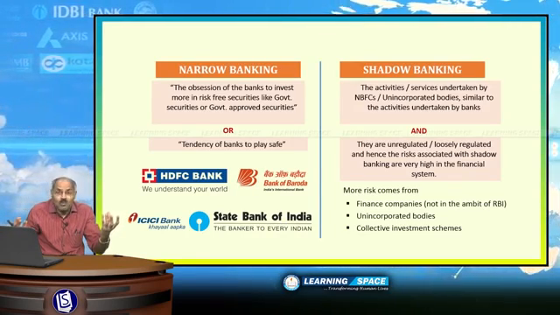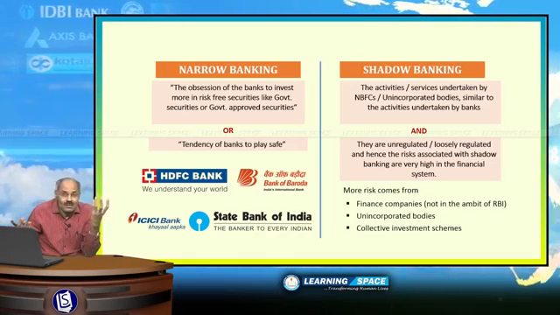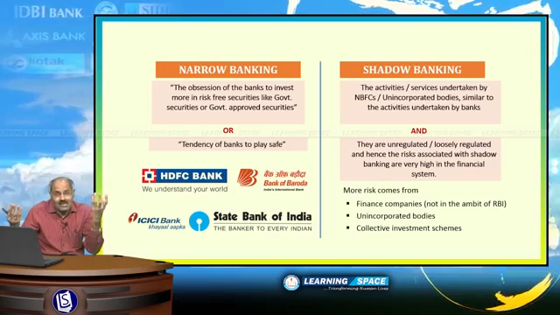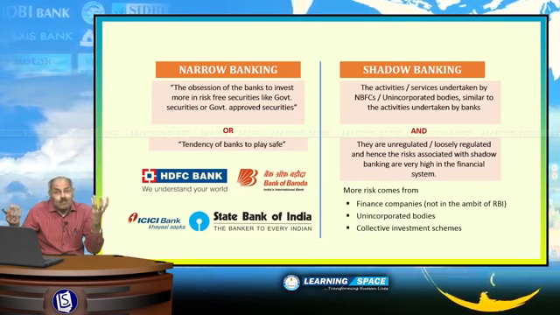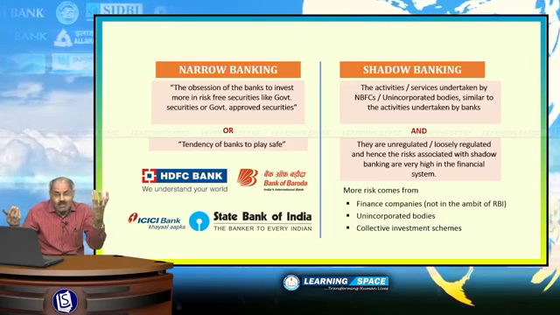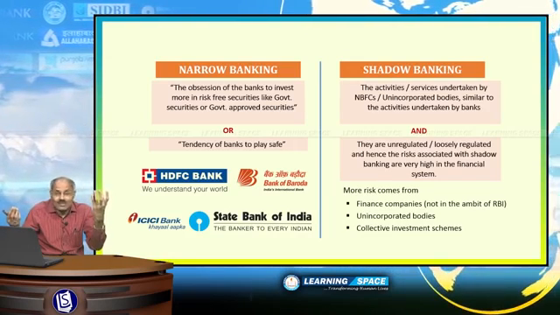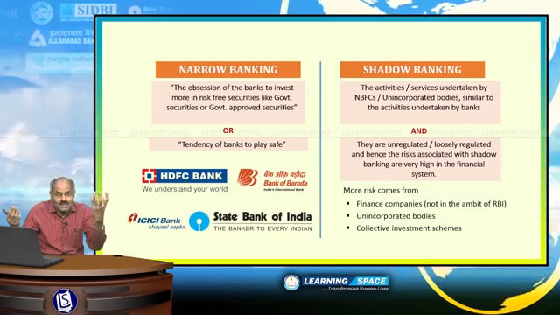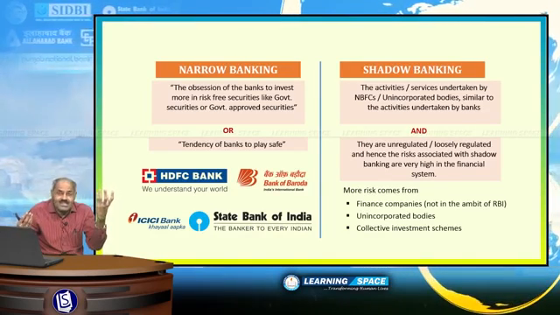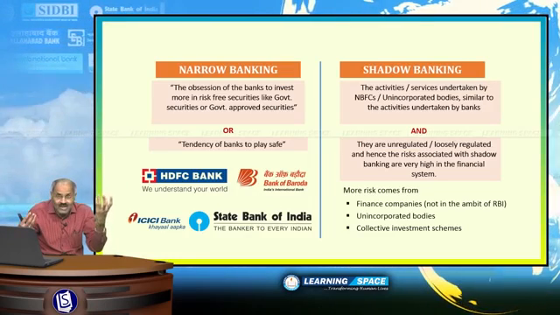When the same operations are done by banks and when they are done by non-banking financial companies, there is a difference. Banks are well regulated in the country. Banks are not expected to fail, and your money is assured in the banking system because of the stringent regulation by Reserve Bank of India.